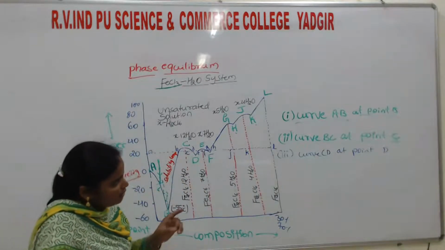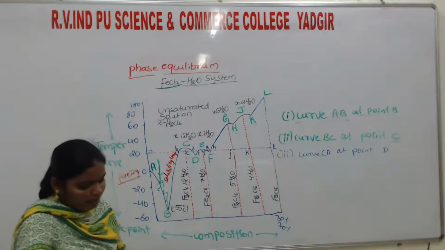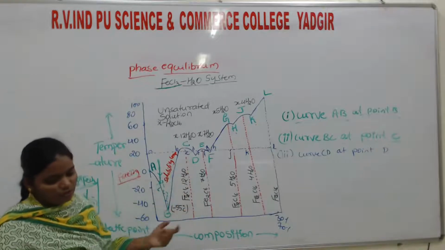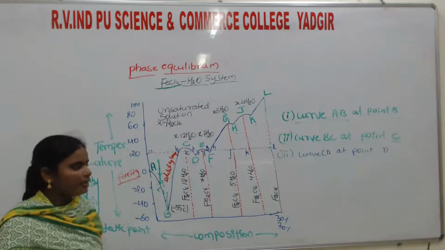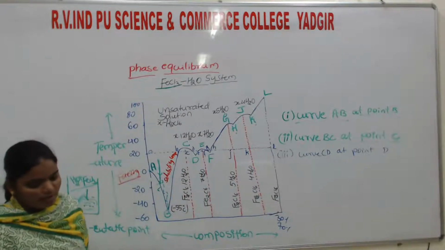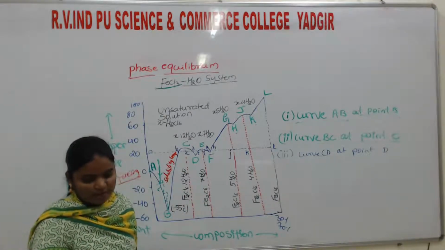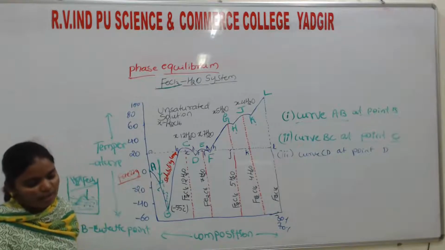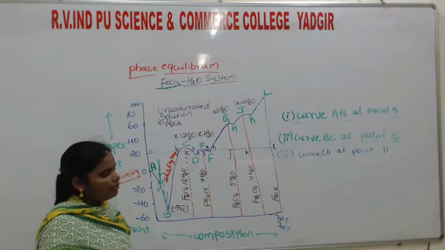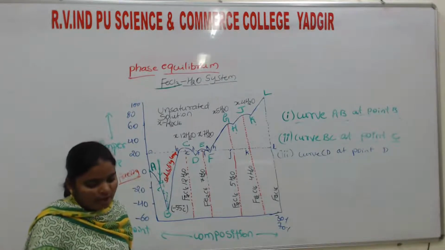For this I consider the curve CD at point D. On further addition of ferric chloride, FeCl3, it depresses the melting point of ferric chloride dodecahydrate here.